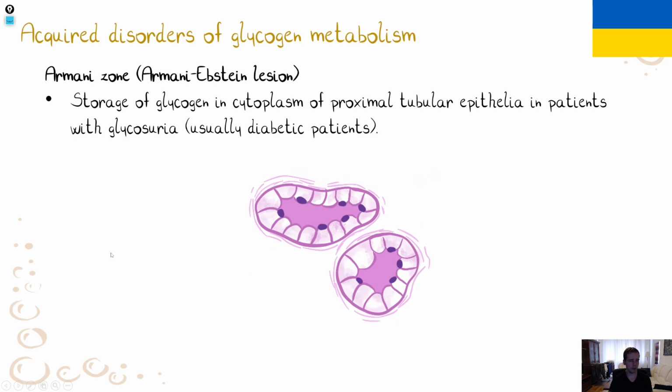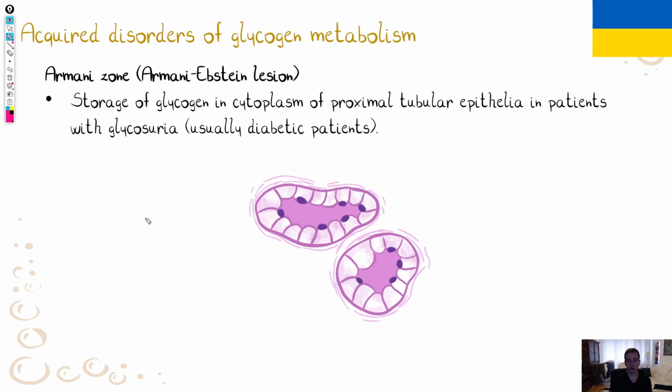Another example, which is more historical, let's say, is Armanni zone or Armanni-Ebstein lesion. It is not so common these days, but we could see it in patients with glycosuria. Usually, these were patients with severe diabetes.